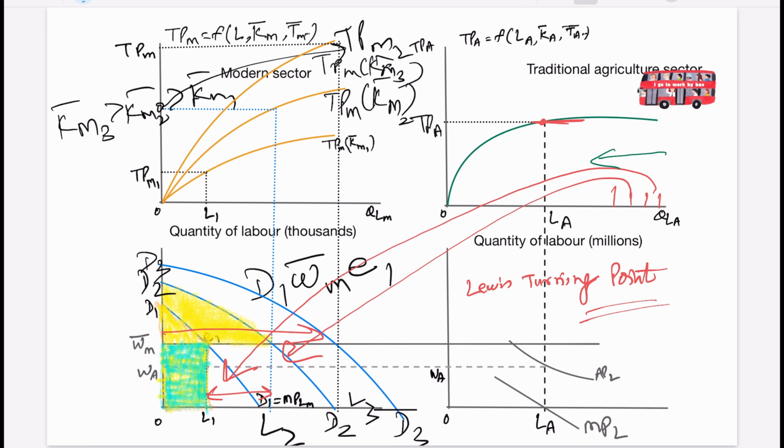Now, the Lewis model is also not free from criticism. One of the most important criticisms is, what if the industrialist is investing in labor saving technology? See here, suppose that I have this.